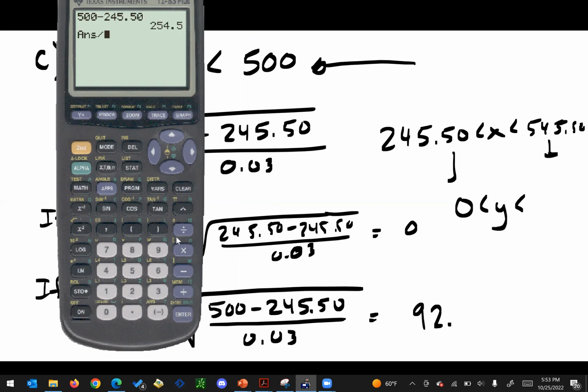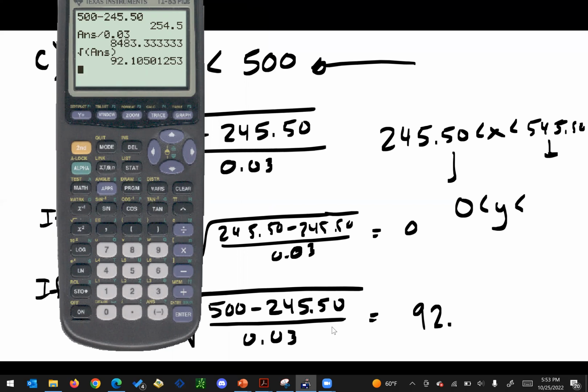We're going to divide this by 0.03, voila. And then we're going to take the square root of this. The way you do a square root is you use second function. And the nifty little thing is, notice over here you have something called ANS, which just means answer, your previous answer. So you click second function, answer, so you don't have to type that in all over again. Close off the square root, click enter, and there it is, 92.105.